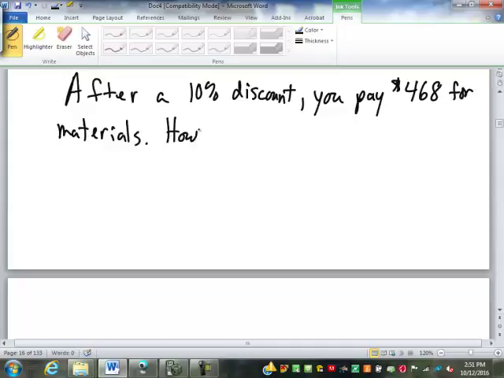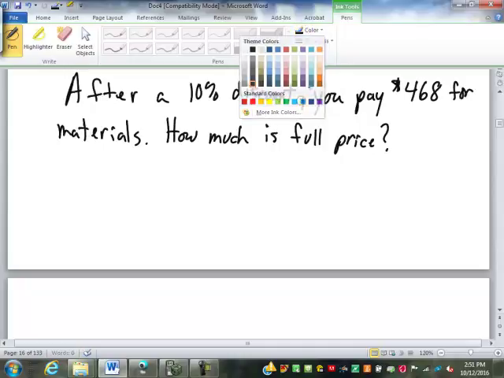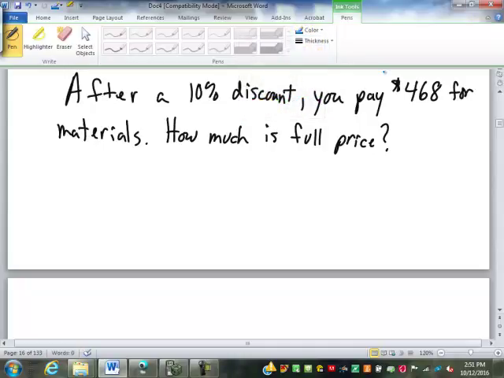I'm going to ask, how much is full price? So again, this is a discount, which is telling us it is a decrease problem, percent decrease. We're starting with our 100% and we are subtracting the discount, the 10%, which gives us 90%.